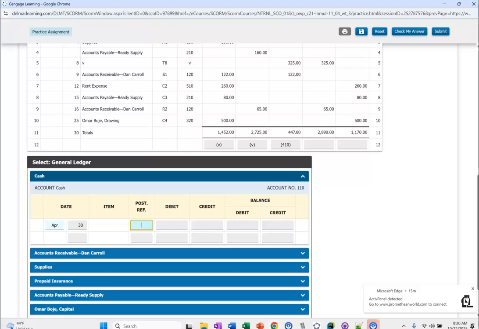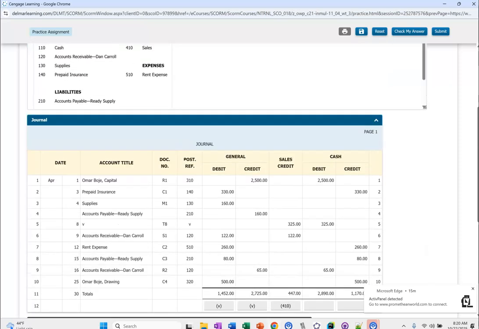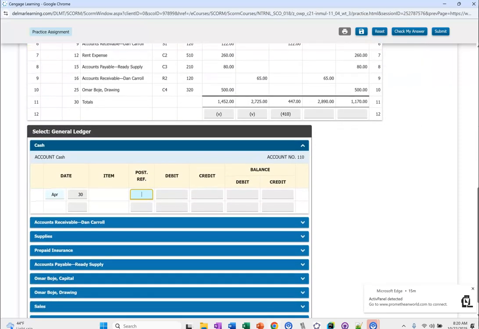This was page 1 of the journal. It says so up here at the top, right? And then what am I recording where? 2,890 in the debit. That sounds great. And then you put that in the balance debit as well. Cool. Great.